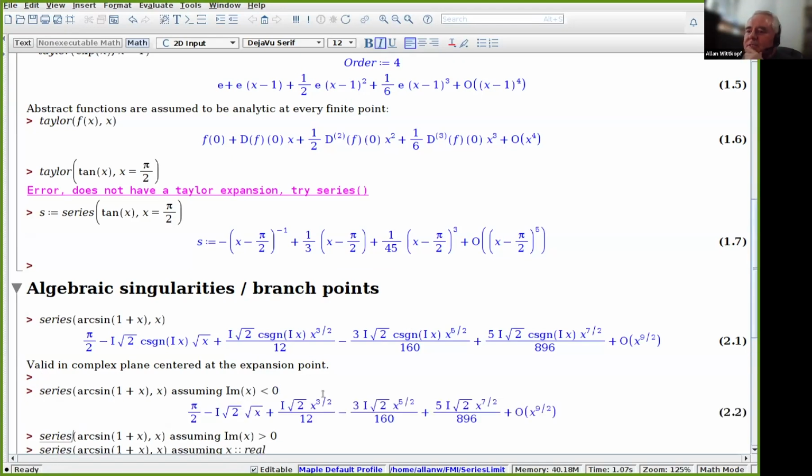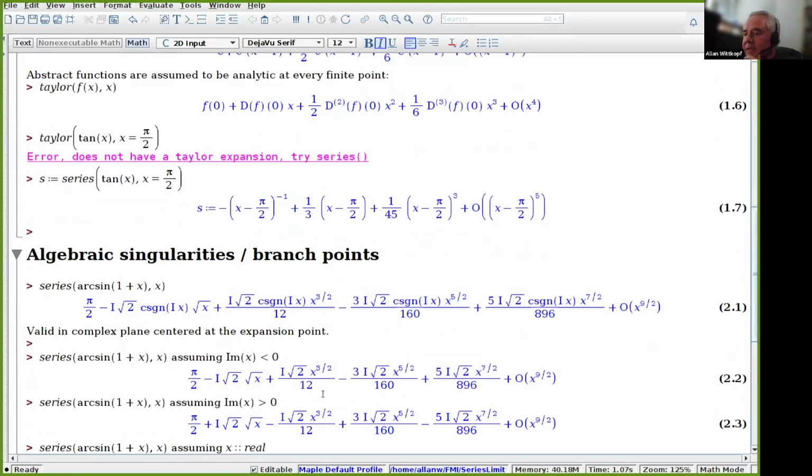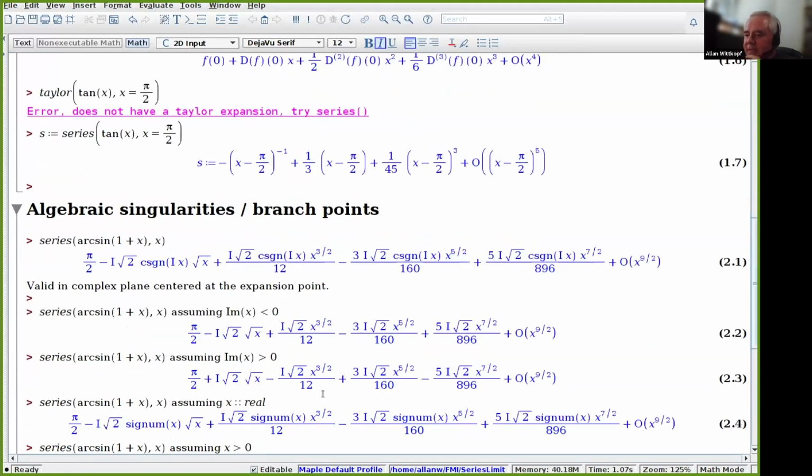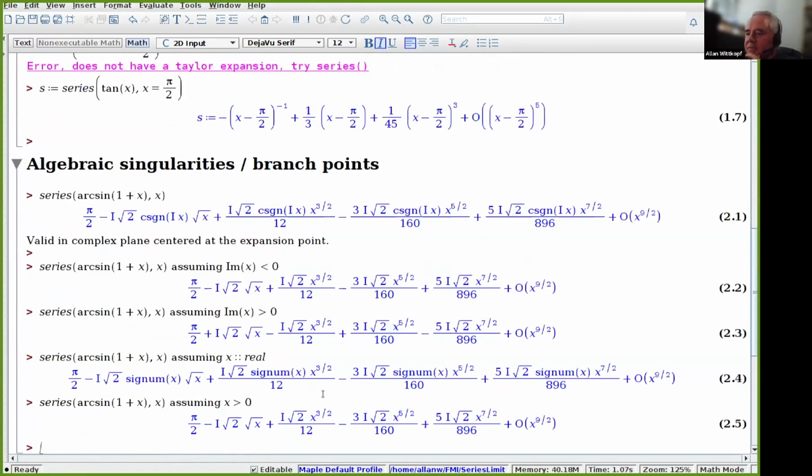In this first example, we're restricting the series expansion we just computed to the left half plane, right half plane, real values of x, and positive values of x. We get a good simplification when we restrict to positive values of x because the sign function is determined. But computing directly with the appropriate assumptions is quicker.